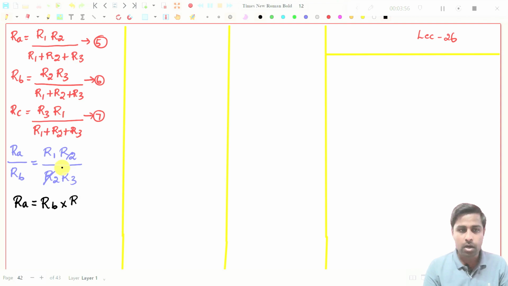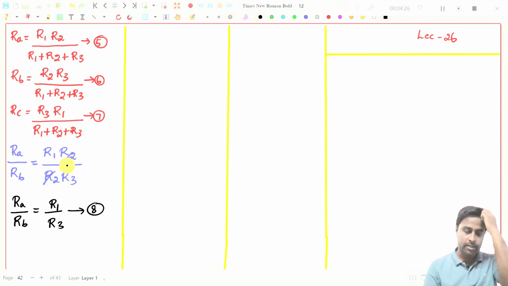Anyhow you can change this expression, but we will write it like this: RA by RB is equal to R1 by R3. So this is expression number 8.